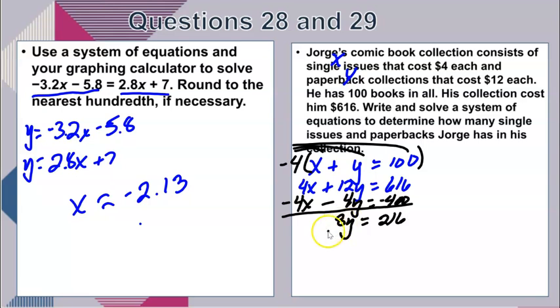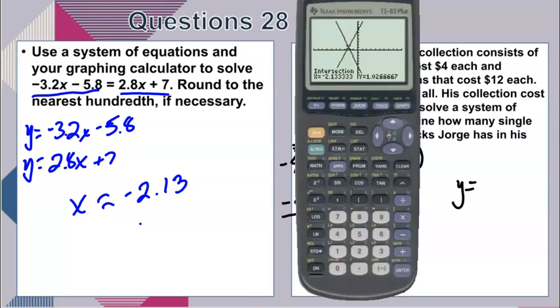To get y by itself, I'm going to divide everything by 8. And now I have y, which is our paperback. So if I grab my calculator, I'm going to do 216 divided by 8. This is going to give us 27.